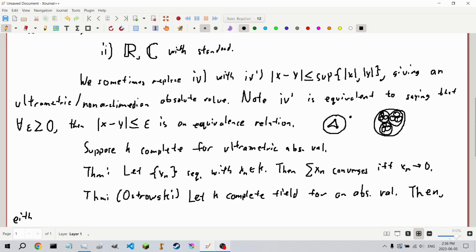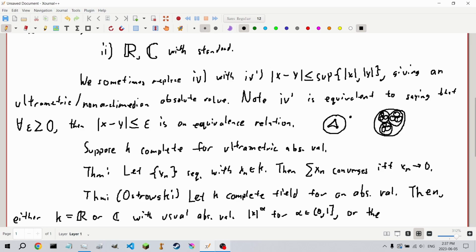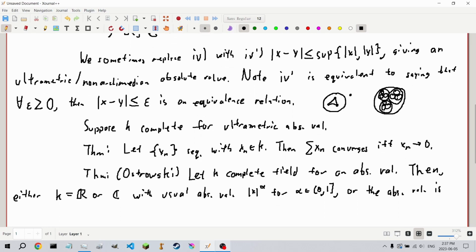The second is that K is either the reals or the complex numbers with the usual absolute value, which we call the absolute value of x to the alpha, for alpha being positive and at most 1, or the absolute value is an ultrametric.